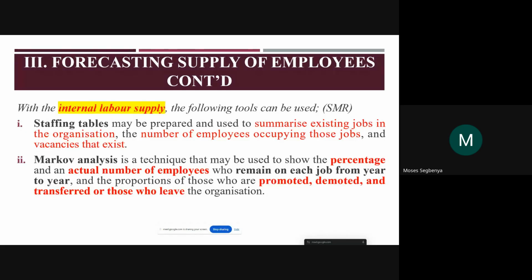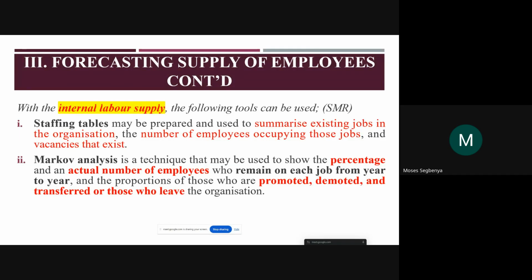How many people are doing it? Is it enough, or have you overburdened the existing people? For example, averagely, this class should be handled by 3 people, but it's only 1 person that is handling it. It means I will need an additional 2 persons. So staffing tables can give you an idea.